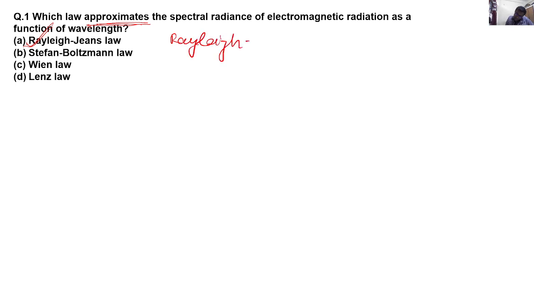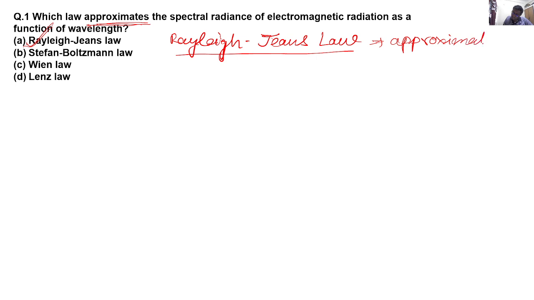So this Rayleigh-Jeans law is the answer. First of all, as the name suggests, it is an approximation to the spectral radiance.